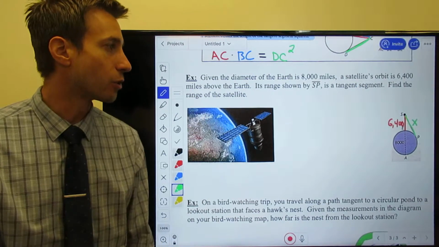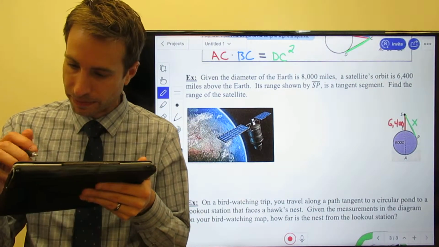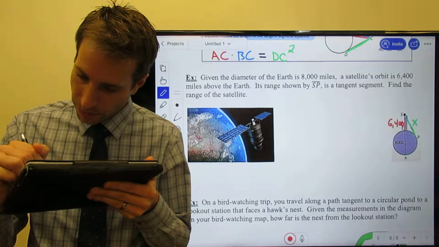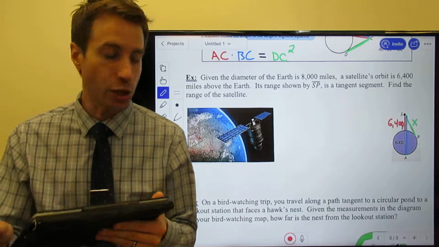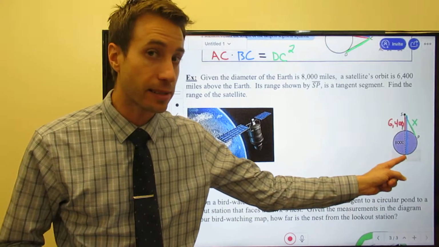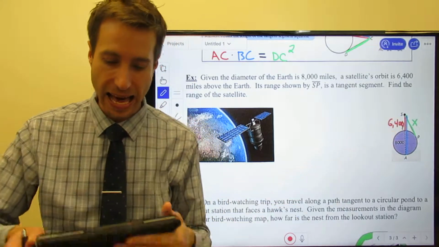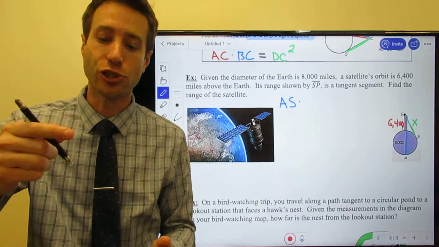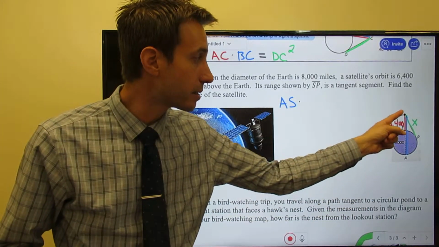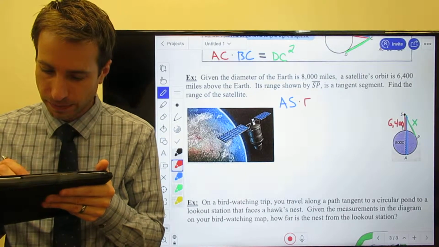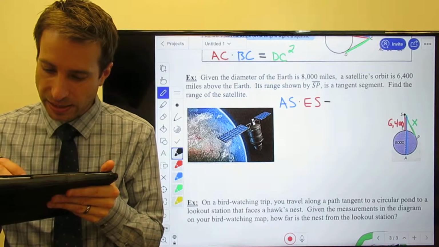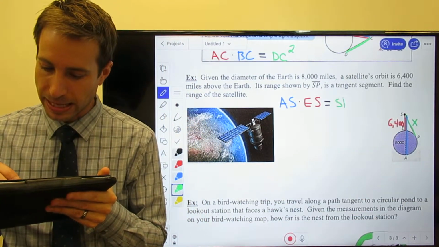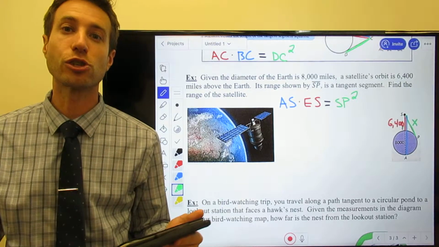So here we go. Find the range of the satellite. Okay, great. Let me draw a blue line in there for you as well. Here's the way it's going to work. Please notice that you will have to set up first your secant segment AS multiplied by your external secant segment ES, and that all has to be equal to your tangent segment SP, but SP is squared.